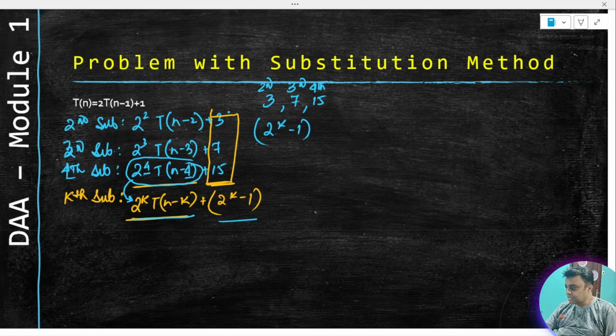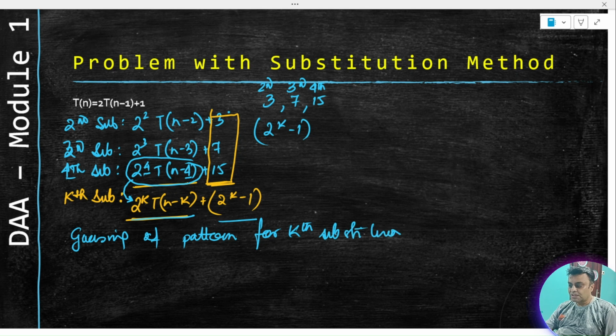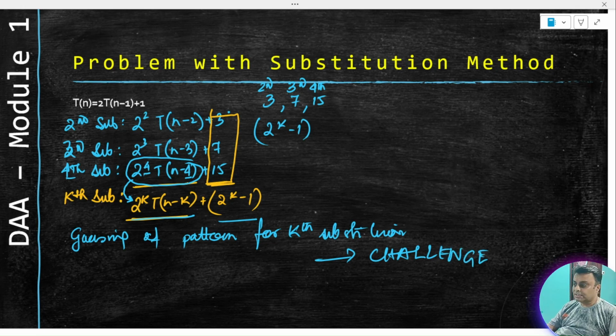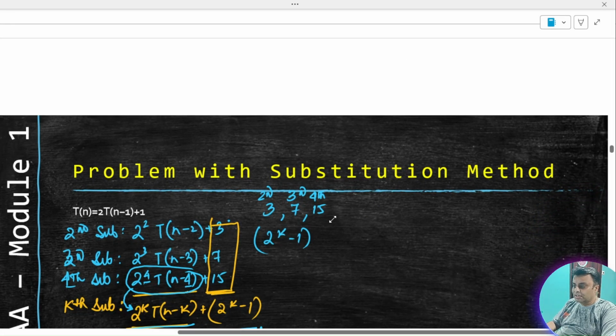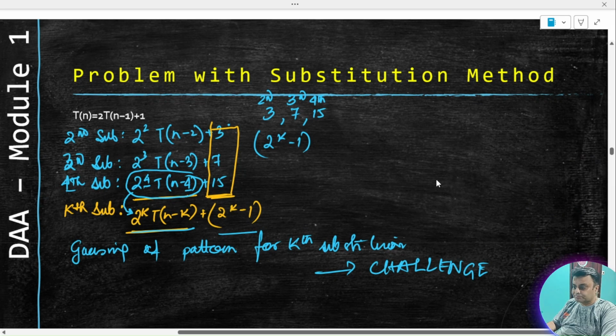So the guessing of the pattern for the kth substitution is a big challenge for substitution method, right? Which may or may not happen depending on the complexity of the recurrence relation, right? Hence, that's the problem with the substitution method that we will have to agree and warn ourselves against, right?